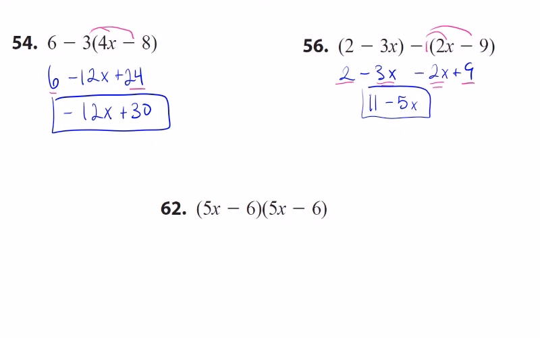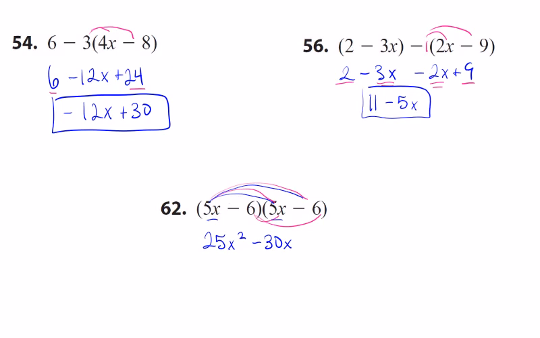All right, so 62. So here we are going to FOIL. Here we have two binomials that are right next to each other in parentheses, and so that's when we FOIL. We multiply 5x by 5x, so we get 25x squared. Then we multiply 5x by a negative 6, and we get negative 30x. Now we're going to do the negative 6.